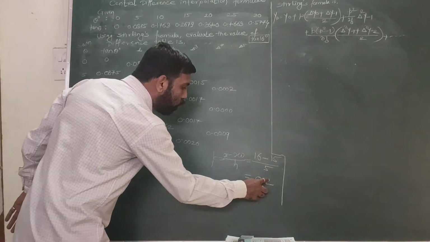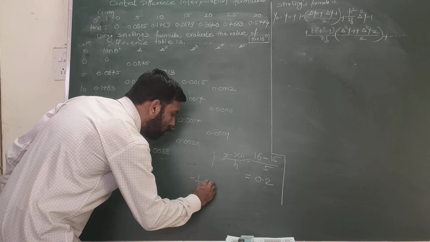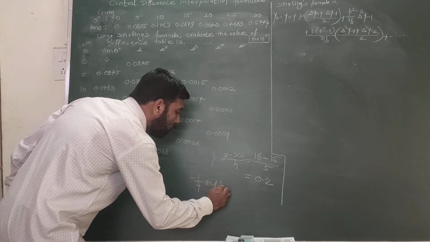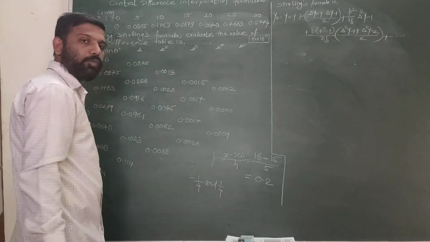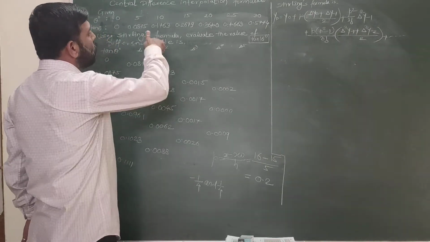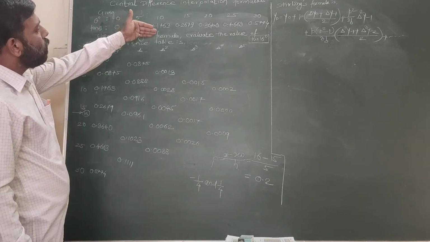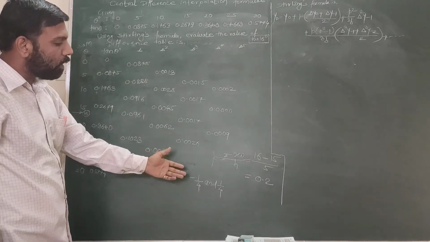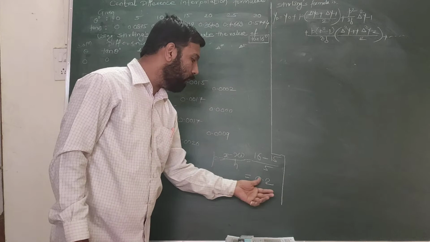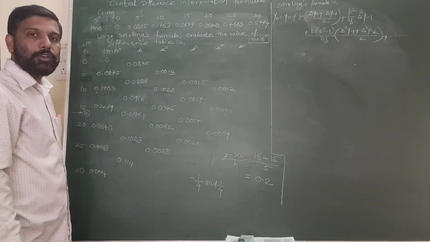The p value is 0.2, and this 0.2 is in the interval between minus 1/4 and 1/4, so the better use of Stirling will occur. If it is not mentioned in the problem, we can decide from the value of p that the value belongs to this interval, so that Stirling we are using here.